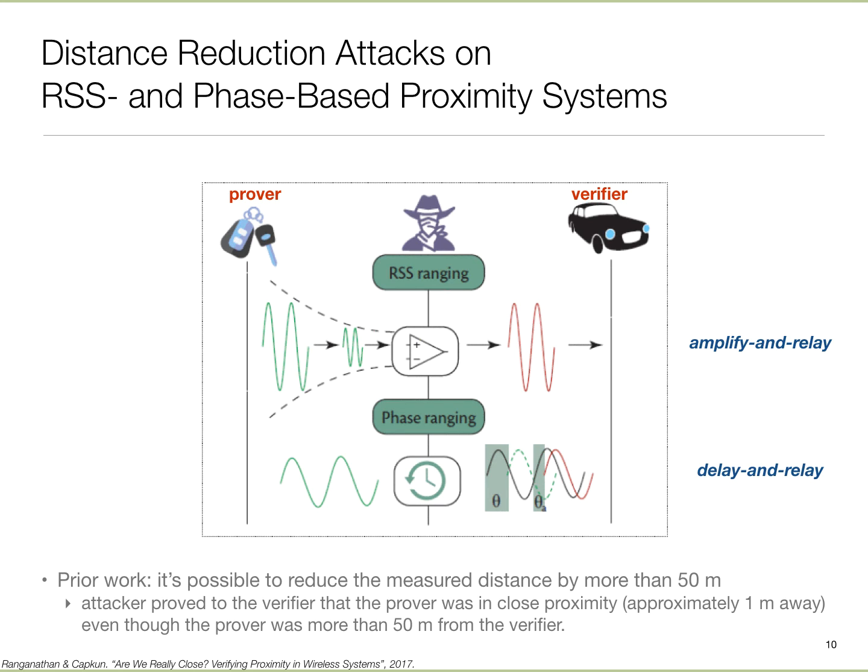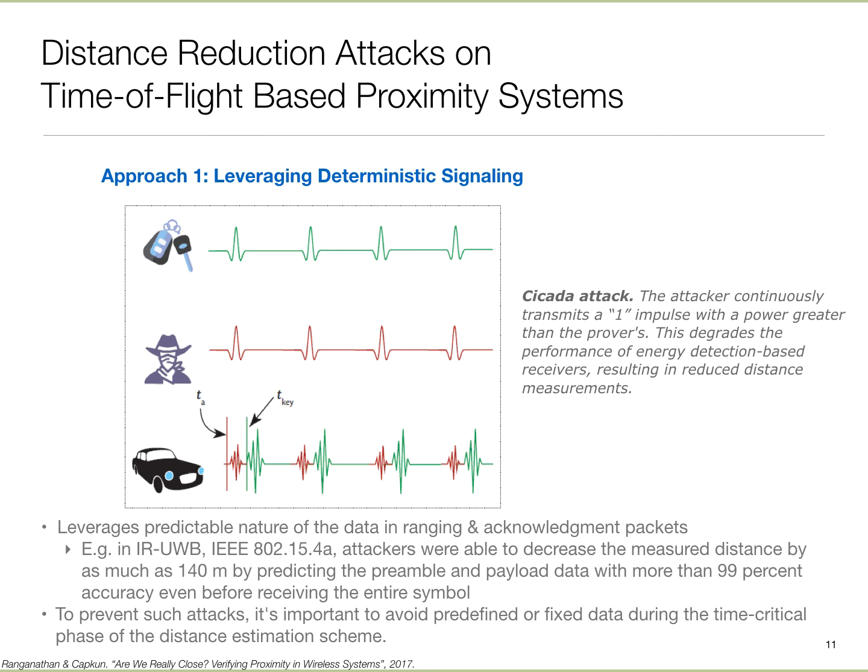There is a lot of prior work showing that these attacks can be done pretty easily. So fundamentally, any locational system based on signal strength measurement or phase measurement is very hard to secure. That leaves us with time-based systems, so time of flight based systems.